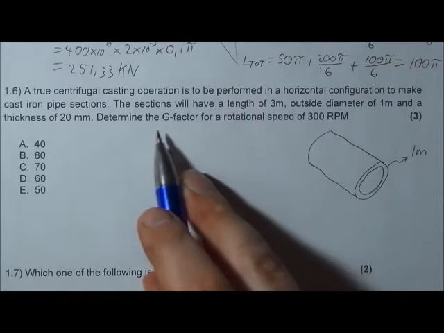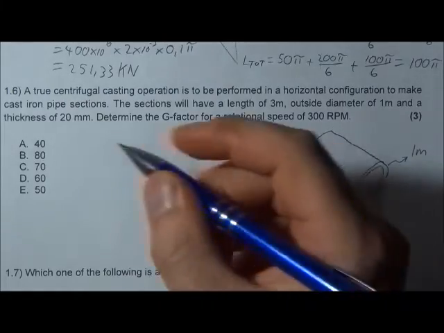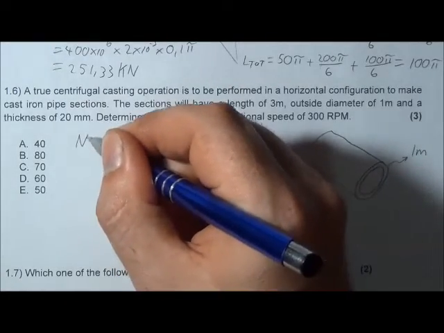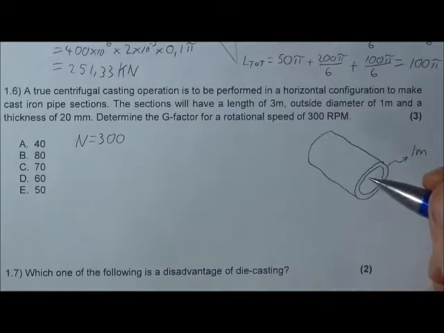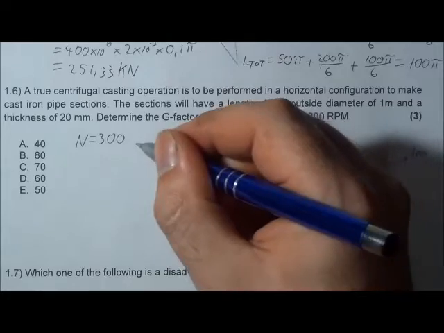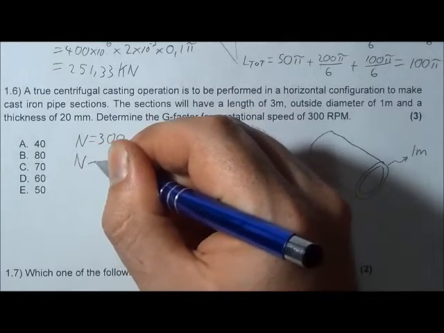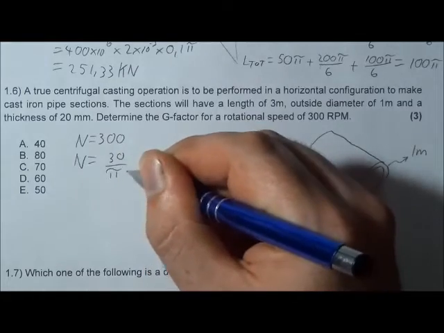G factor needs to be determined for a rotational speed of 300 revolutions per minute. So N is equal to 300. And from the formula sheet, there was an equation N is equal to 30 over pi.